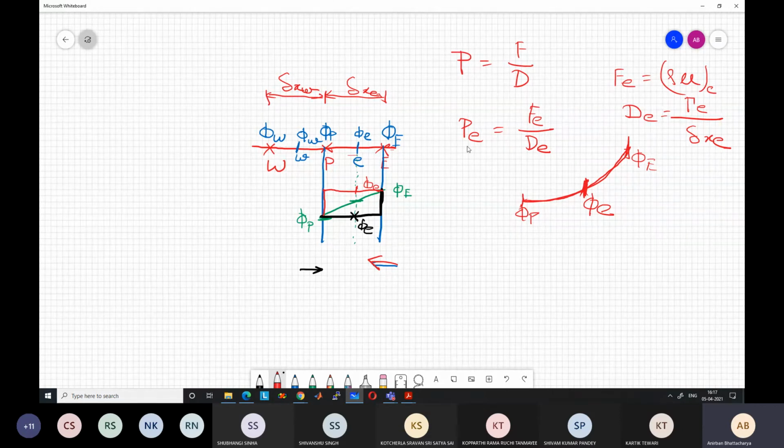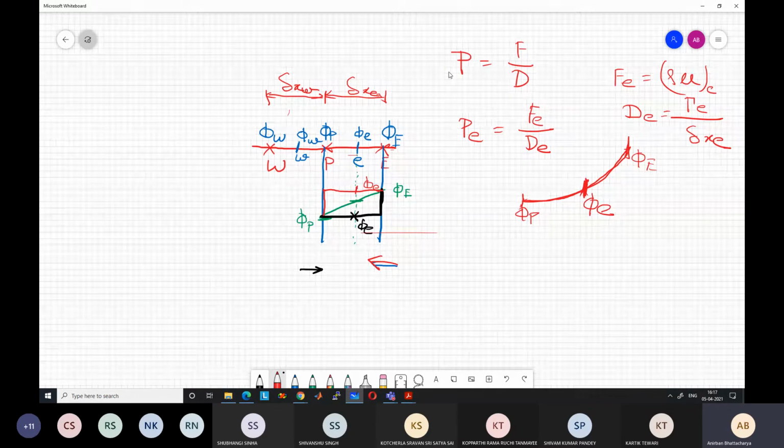Because the grid points are coming near to each other, they are more influenced by diffusion in a physical sense. So we can keep reducing delta Xc such that De becomes so high that the Peclet number, which reduces when D is higher, comes back to less than 2. So by grid refinement, we can use the central difference scheme.